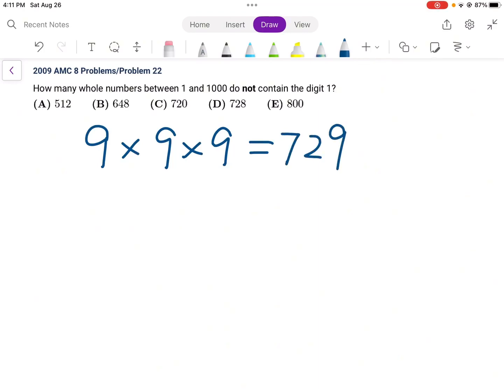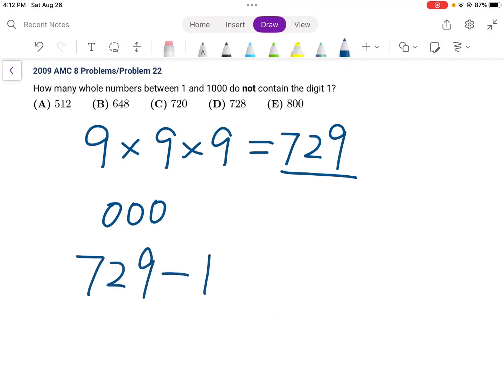And notice that in all these choices, we counted 0, 0, 0, which is smaller than 1. Therefore, we need to subtract this choice from the total number of choices, and that's 728. The answer is D.